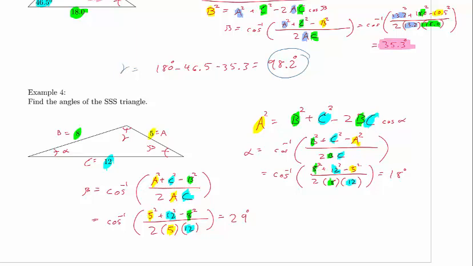So we've got the fact that gamma is going to be 180 degrees minus 18 degrees minus 29 degrees, and that will get us 133 degrees. Alright, and there we have it. We used law of cosines to find the angles in a side-side-side triangle.